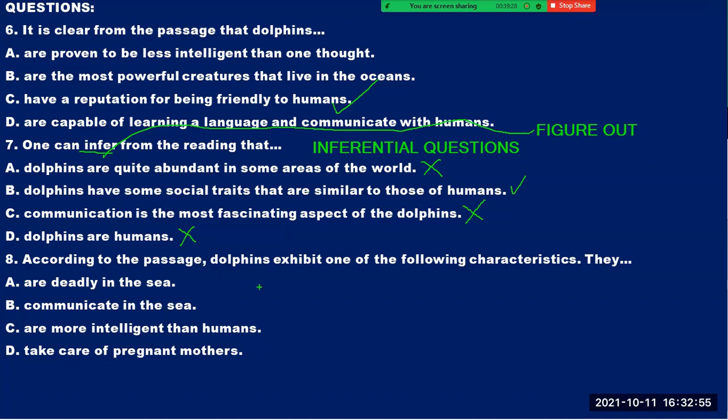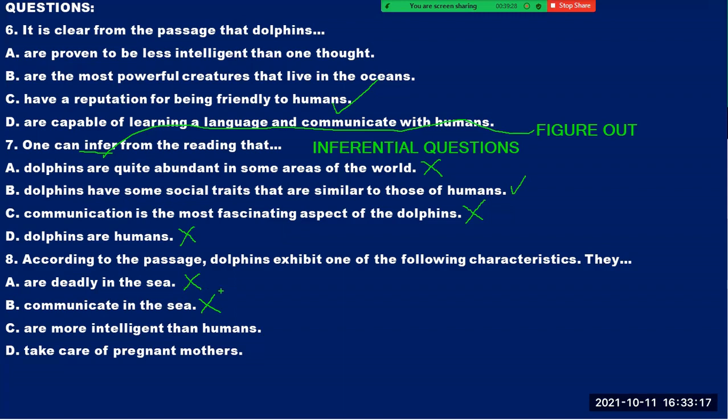According to the passage, dolphins exhibit one of the following characteristics. They dash, communicate in the sea. Well, that's not the major thing that the passage is about. It's not about the, okay, are deadly in the sea. I even omitted option A, which is absolutely correct.